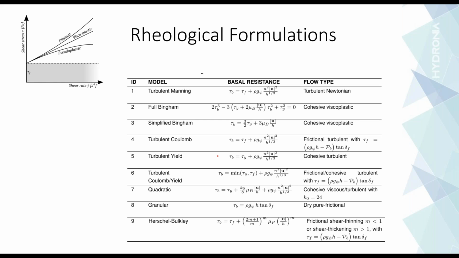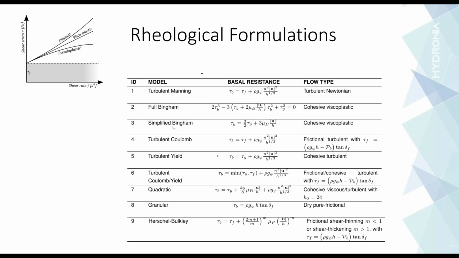These are the 9 options that you get when you model with the MT model. You have the turbulent Manning option, which essentially represents the flow of water or Newtonian fluid. So it's a standard water flow model. So you have that option.